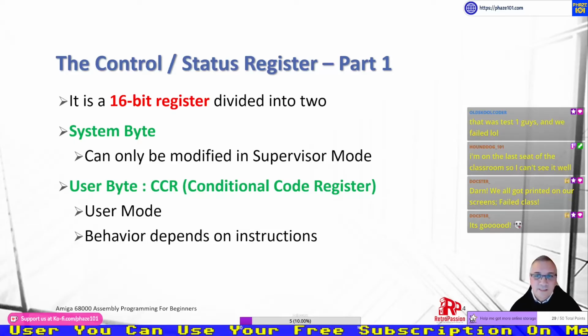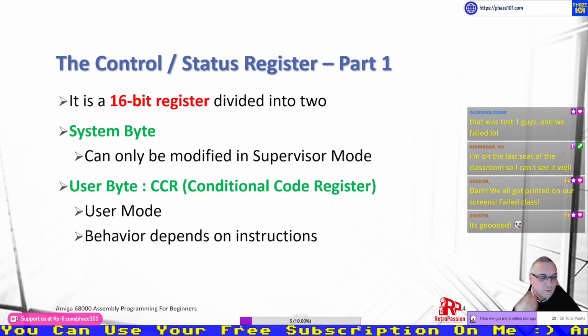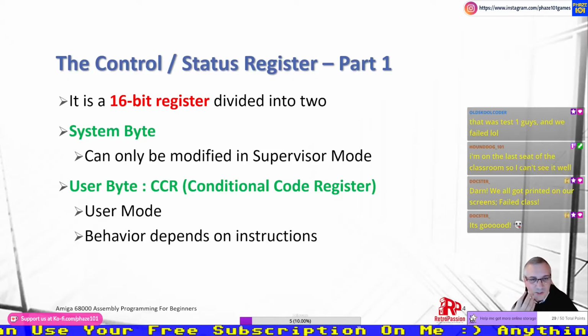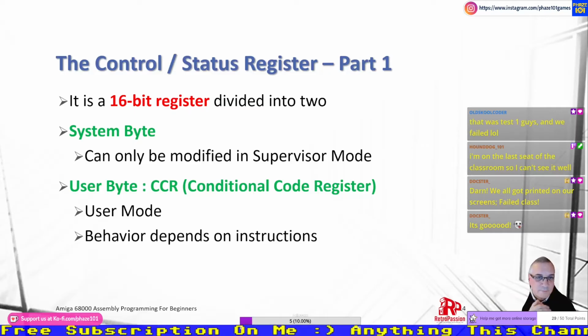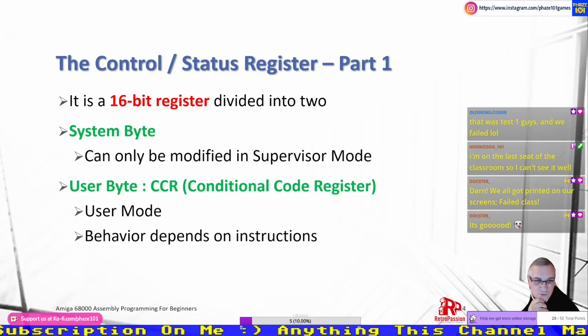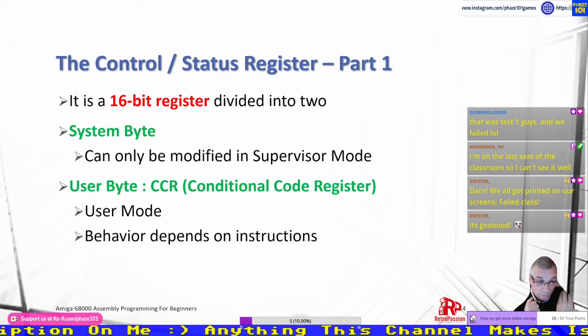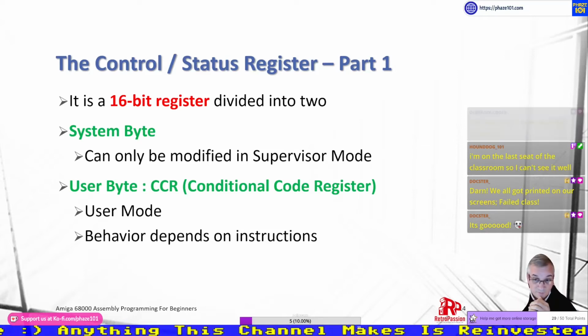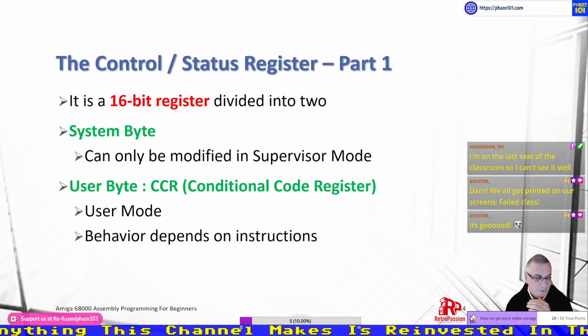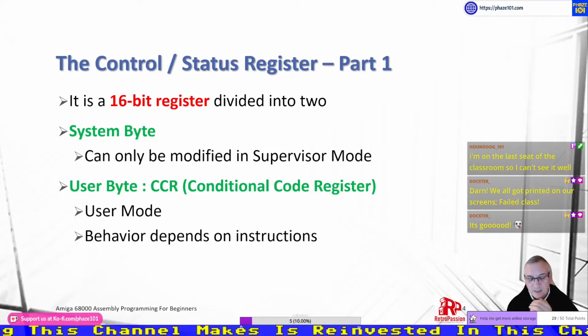The control/status register. So we're going to talk about the status register where there are the flags and the system. It is 16-bit, as I said, divided into two. One is the system byte, which can only be modified or accessed in supervisor mode. And when I say access, it's with instructions.